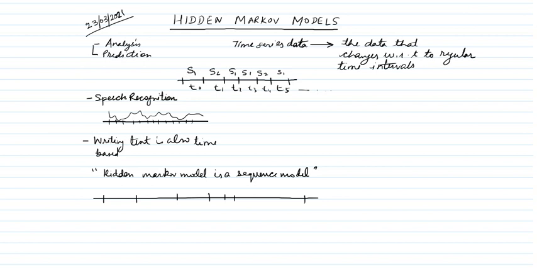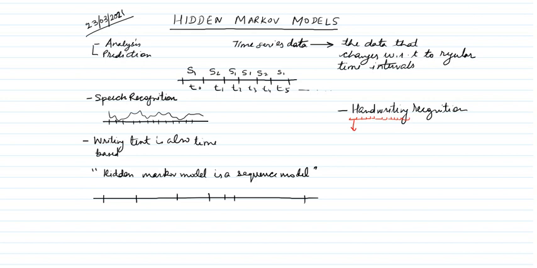Another example could be optical character recognition, or more specifically handwriting character recognition. While we are writing, each of these digits and letters can also be recognized, and they can be converted into digital text, right?